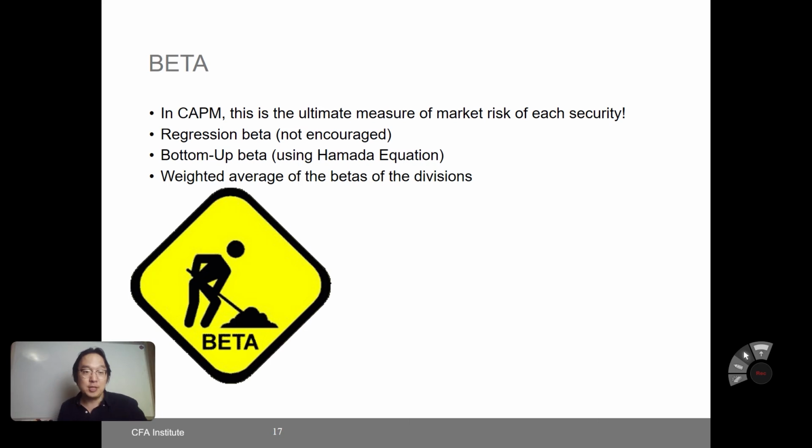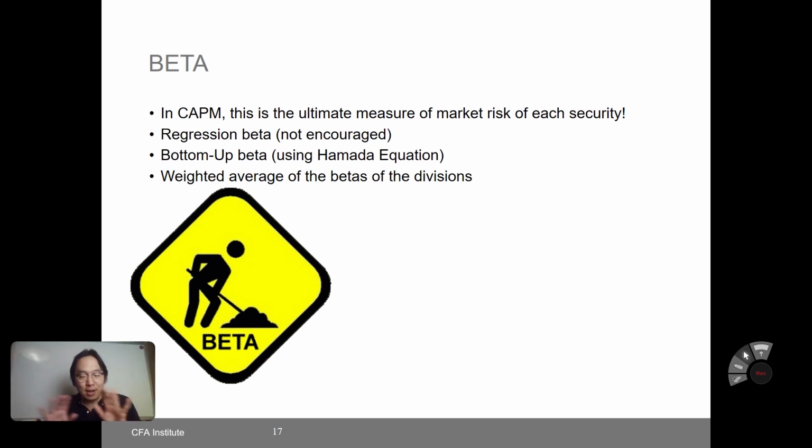Now the question is, how can you best estimate this sensitivity or co-movement with the market for Tesla, for Hyundai Motor, or Samsung Electronics, going into the future? The thing is, we don't have a crystal ball that can precisely tell how much you will be fluctuating together with the market or not.